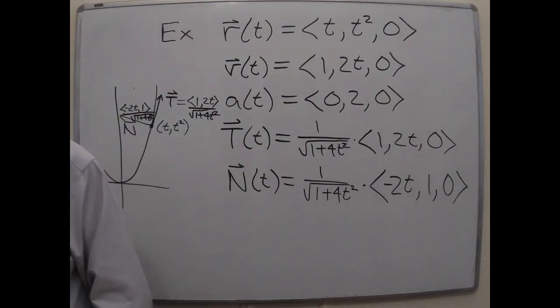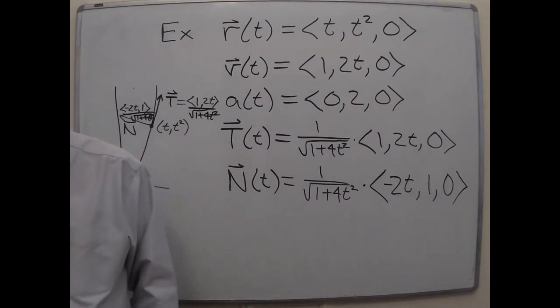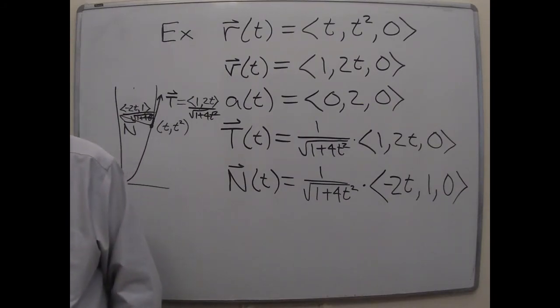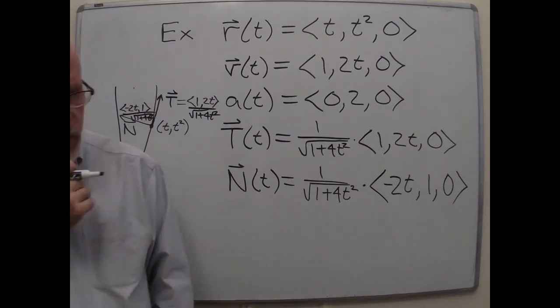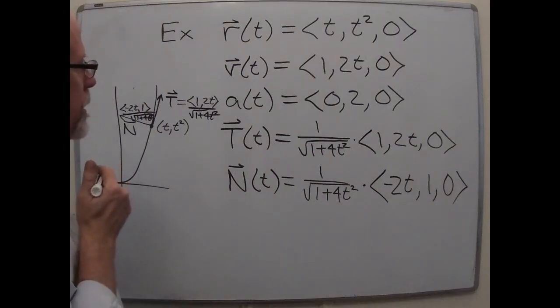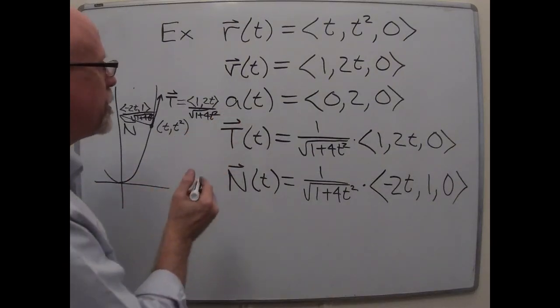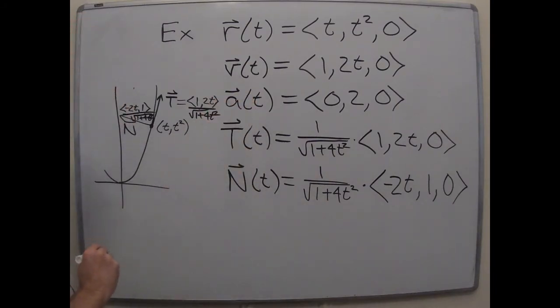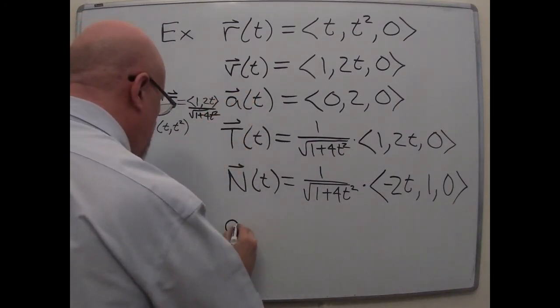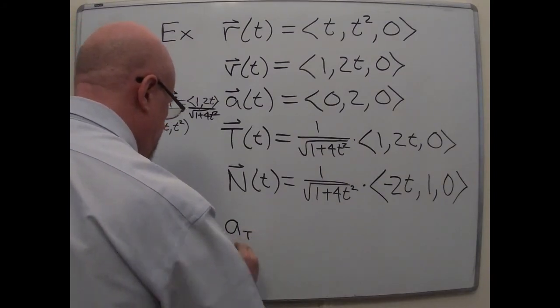All right, I can do a projection into the direction of the tangent vector to figure out the tangential component of acceleration. Look at me, badness, never writing my vector hats when I'm supposed to. So I can figure out projections, a sub t.